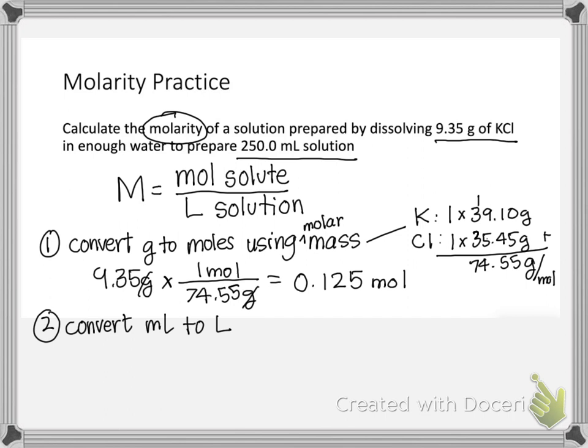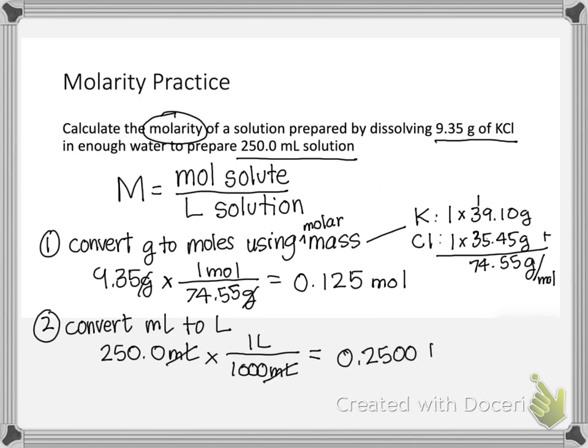And then milliliters to liters, I have 250 milliliters. I know that there's 1,000 milliliters in 1 liter. So I'm going to divide by 1,000. I get 0.2500 liters.